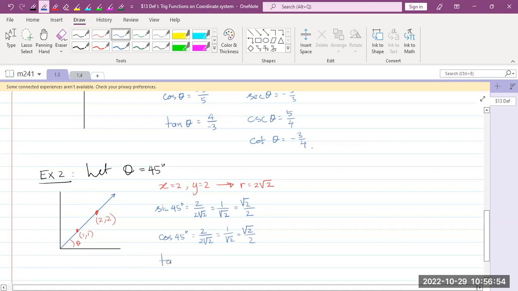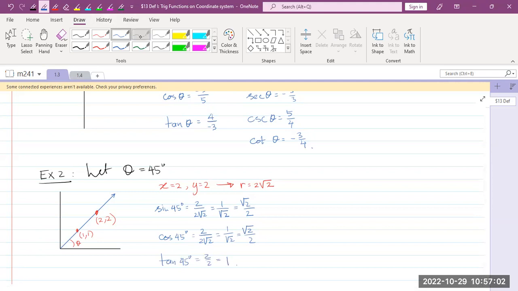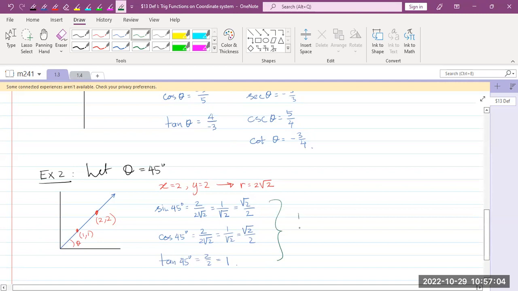Now tangent 45 degrees is 2 over 2, y over x, which is 1. So notice that these are in agreement with our result in section 2.1.